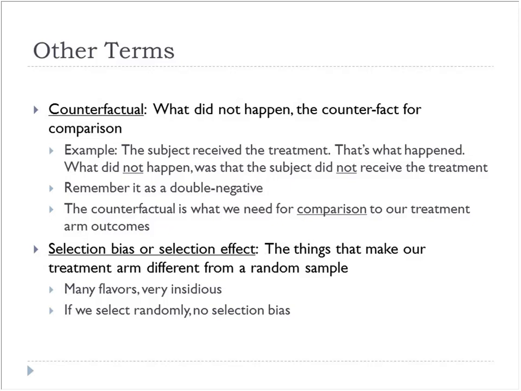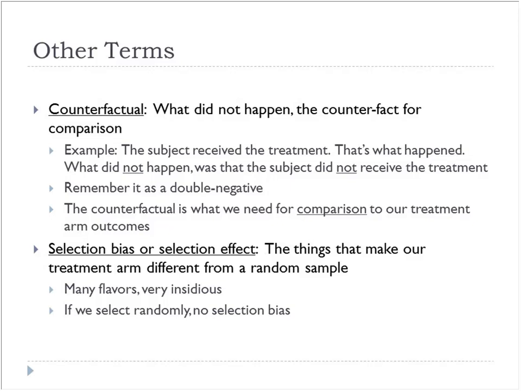It's our comparison group. When we're selecting a group, if we don't select at random, we're going to have selection bias. We're going to have bias in our sample, and we probably will never know the extent of the bias or the causes of it.